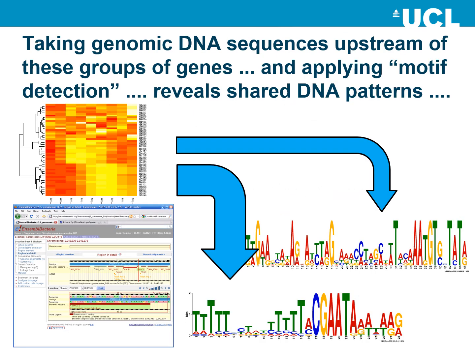We can go a bit faster and actually look at the genomic sequences. So this shows Ensembl Bacteria, which is a genome viewer, and it shows Streptococcus pneumoniae. You possibly don't see it because it's quite small, but this shows the ComC gene in the genome. And we can look at all of the upstream DNA of these genes and use something called a motif detection tool.